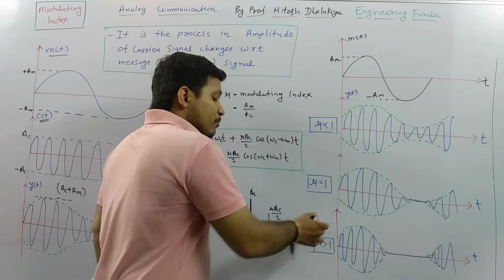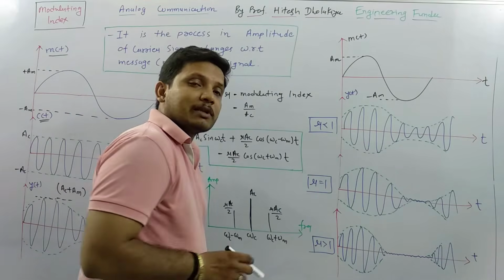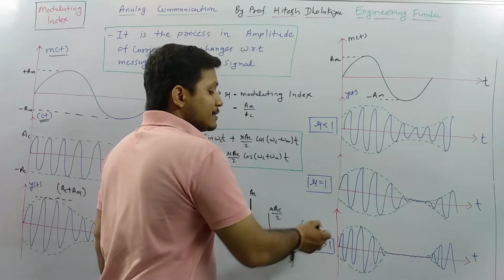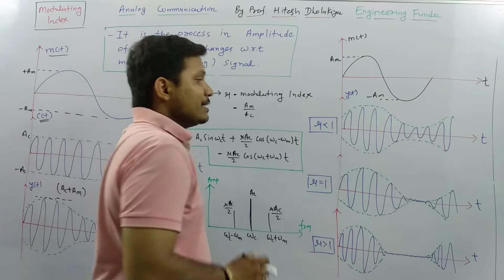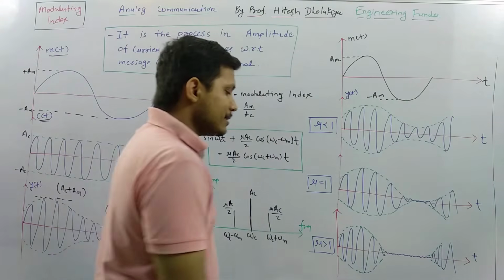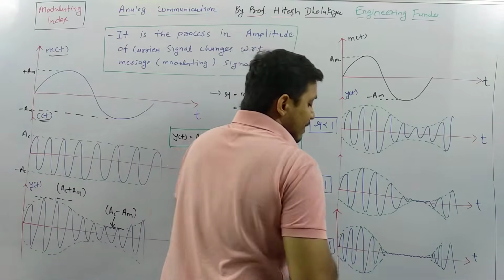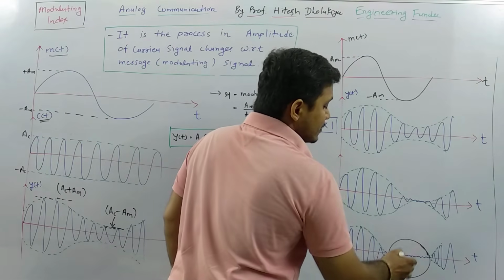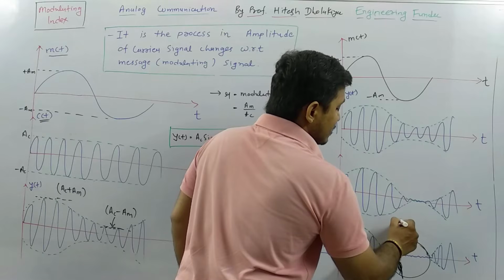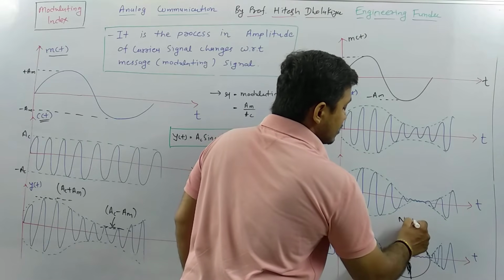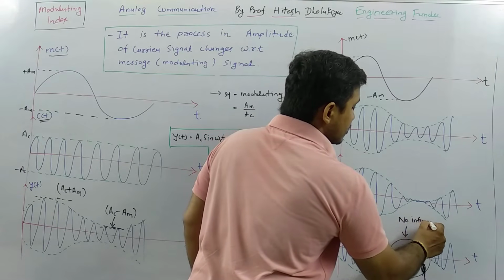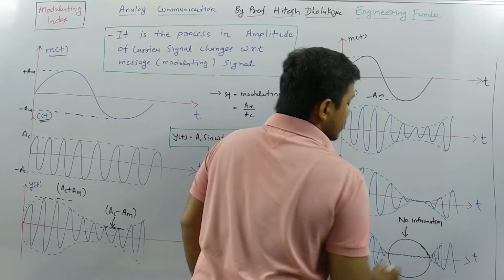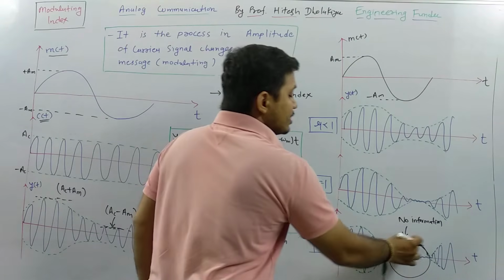Now if you consider modulating index greater than 1, then you will find distortion is happening. So this is the distortion. Here the signal is getting lost, so there is no information during this time period.